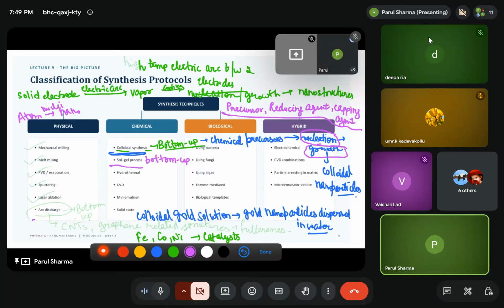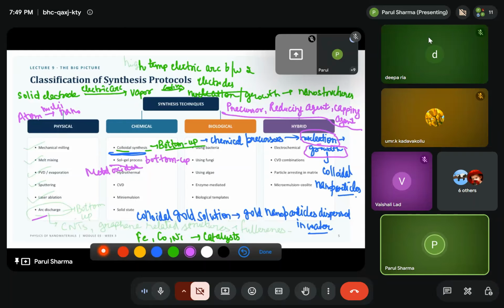Just like arc discharge was used for making carbon nanotubes, similarly the sol-gel process we are using particularly for metal oxides and oxide-based nanocomposites.